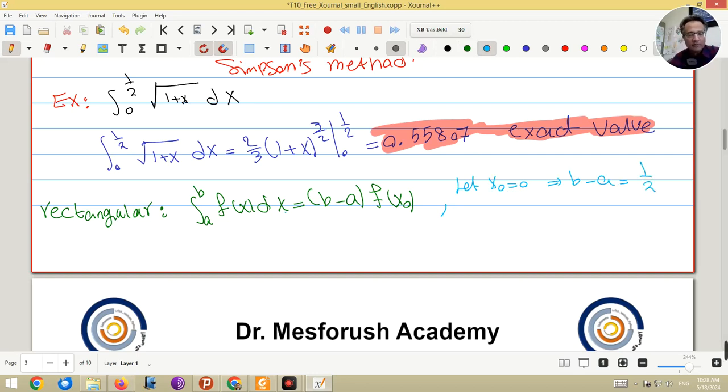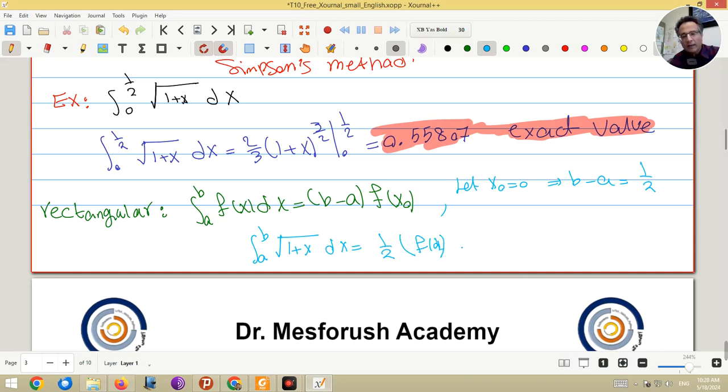Okay, b minus a is equal to half, and this integral of square root of 1 plus x dx is equal to b minus a, it means half times f(0).